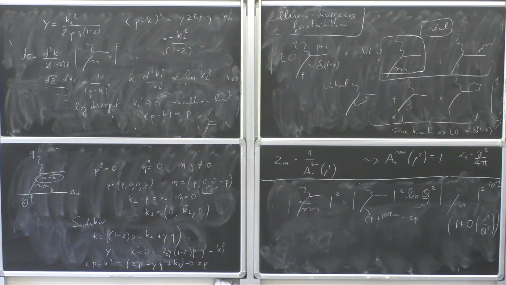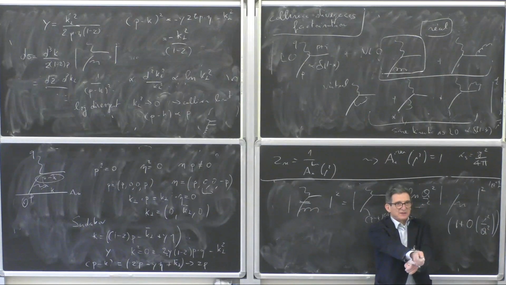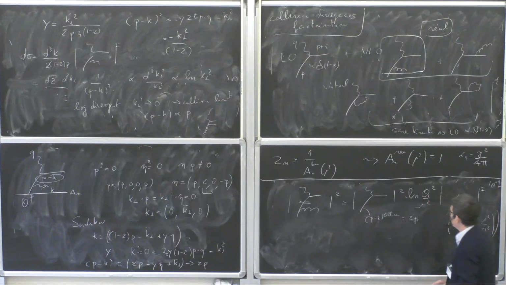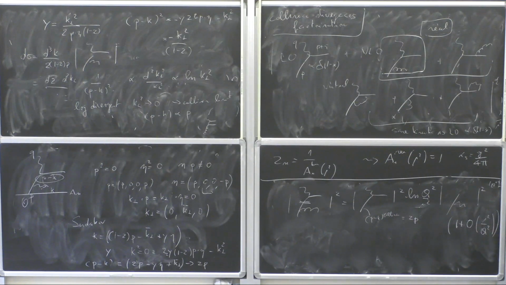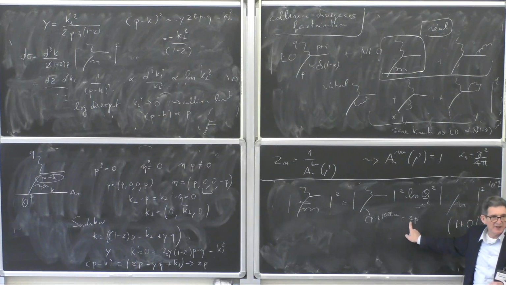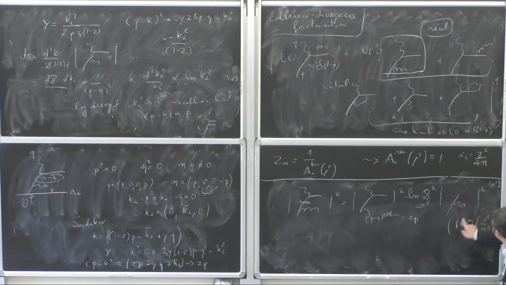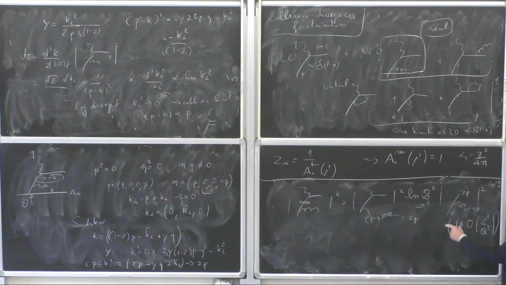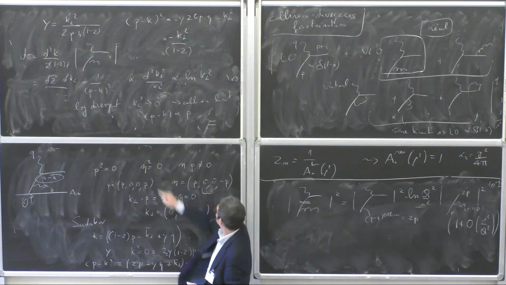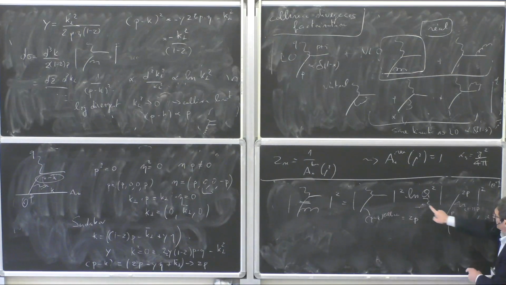Okay. So up to power suppressed corrections, a process in which I have a collinear divergence can always be factored as the cross-section of the process without the collinear divergence, but with the incoming momentum replaced by z times p. Why z times p? Because the incoming emission has actually reduced. So this was p, this was 1 minus z p, and this was z times p, which is entering this guy here. Then I have the integral here, which produces the log, which is the log which I have here.